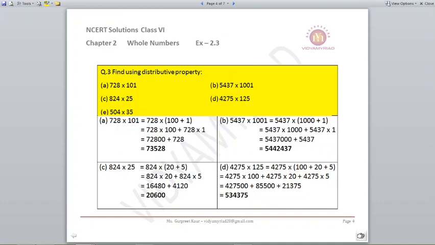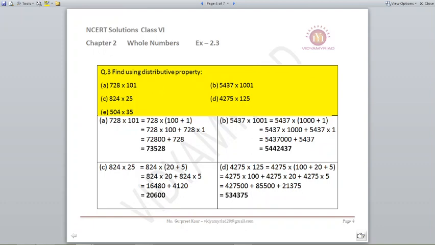Next, D part. 4275 multiplied by 125. Now here 125 can be written as 120 plus 5 or 130 minus 5. Now doing 120 plus 5 will be again difficult. So I can further break it into 100 plus 20 plus 5 for my easier calculations.